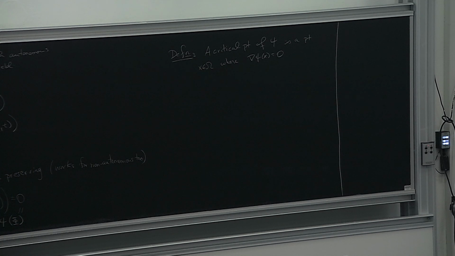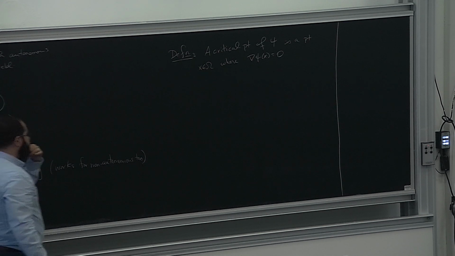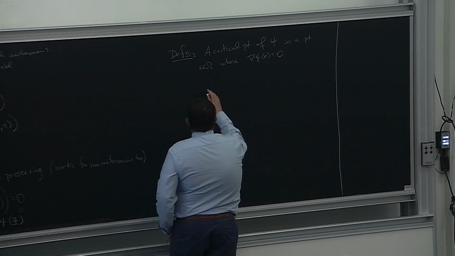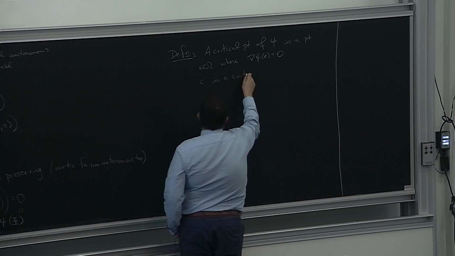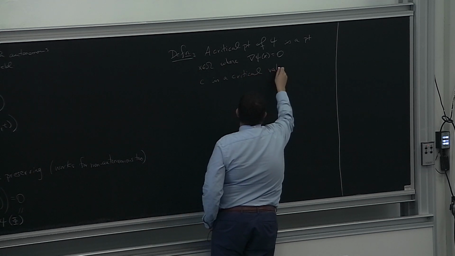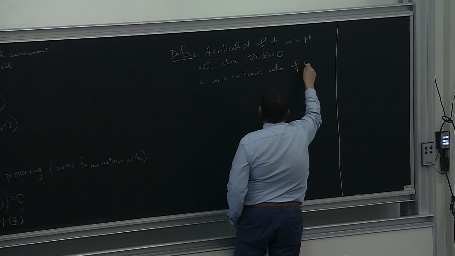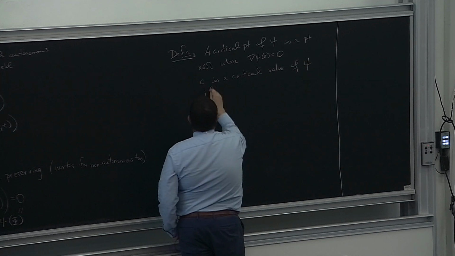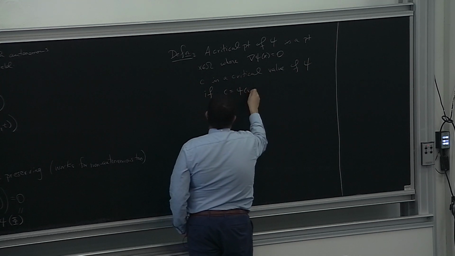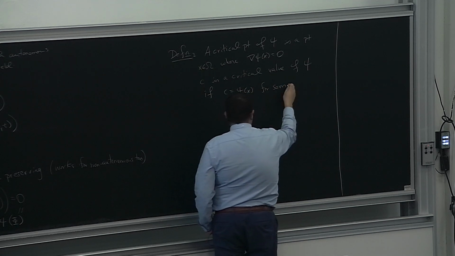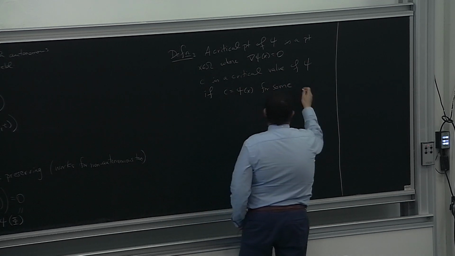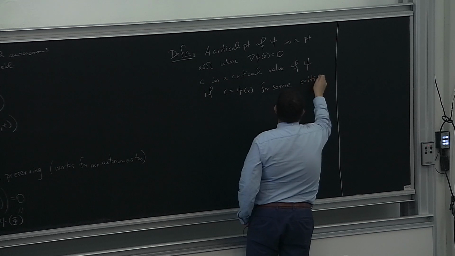So it's a point that doesn't move, right? C is a critical value of psi if C is psi of x for some critical point x.